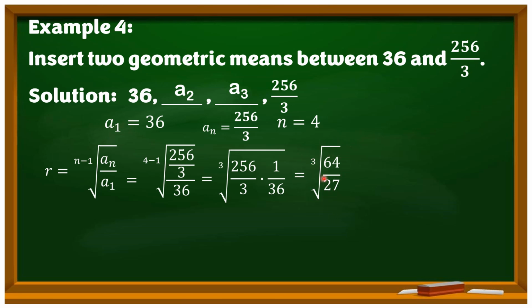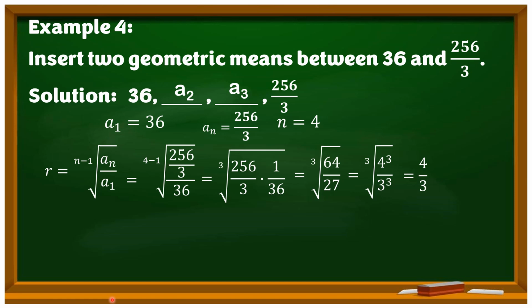The factors of 64 are 4 times 4 times 4, so that is 4 cubed. And the factors of 27 are 3 times 3 times 3, or 3 cubed. If we get the cube root of 4 cubed over 3 cubed, that is equal to 4 thirds, or 4 over 3. So the common ratio of the given geometric sequence is 4 over 3.